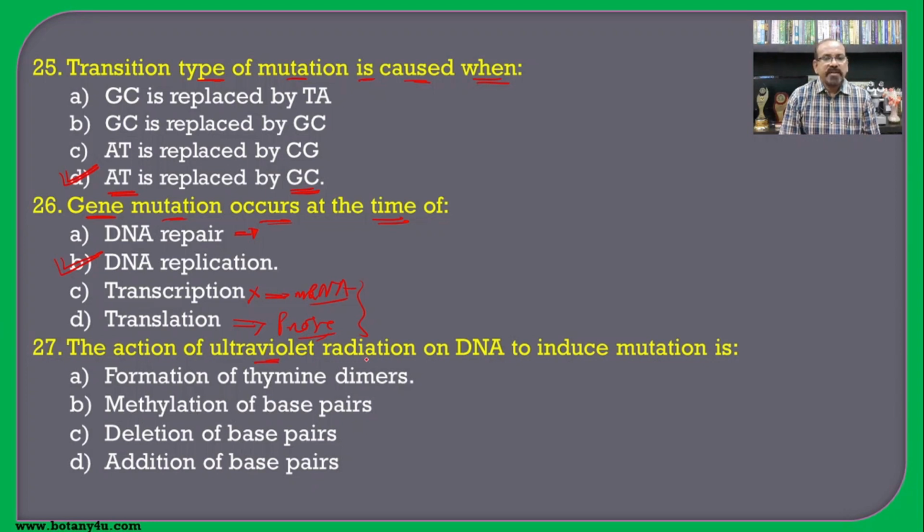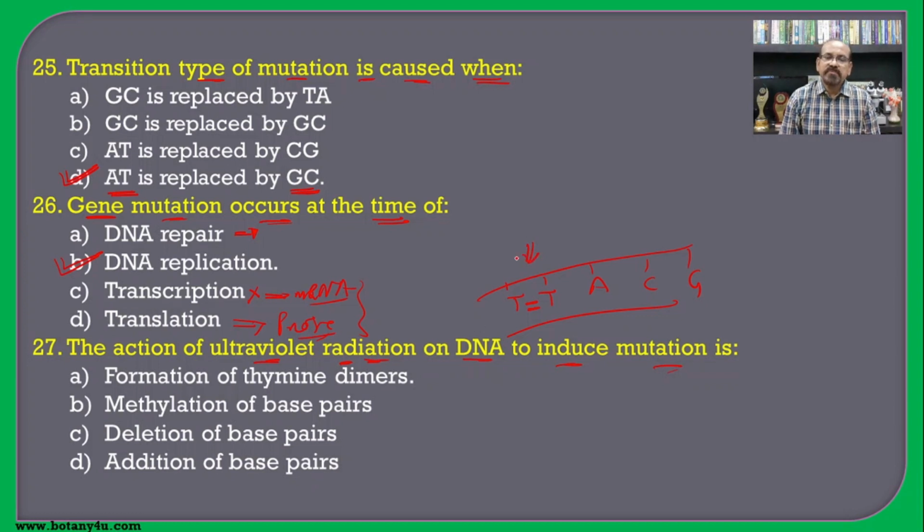The action of ultraviolet radiation on DNA to introduce mutation: if you see the action of ultraviolet radiation on the DNA, it is responsible for the formation of the thymine dimer. Say for example, if this is a DNA molecule with different nitrogen bases, and there are two adjacent thymines, and it is exposed to ultraviolet radiation, then there is a formation of thymine dimer.